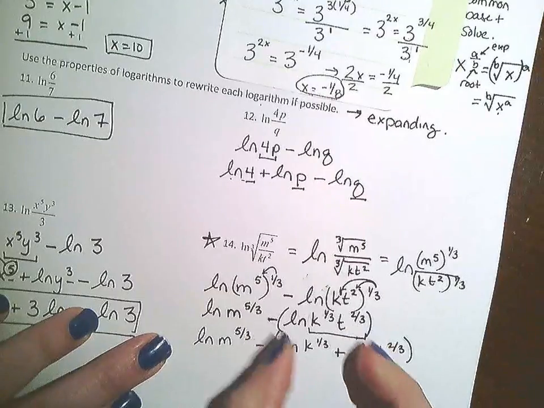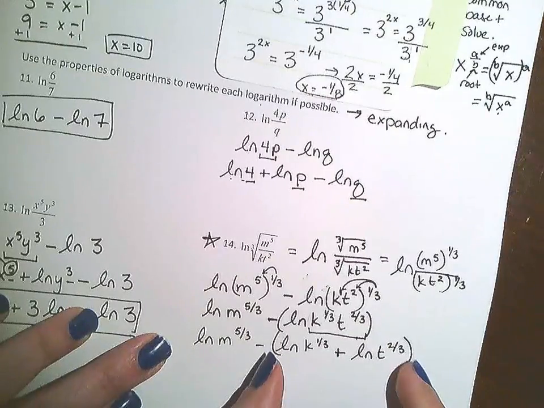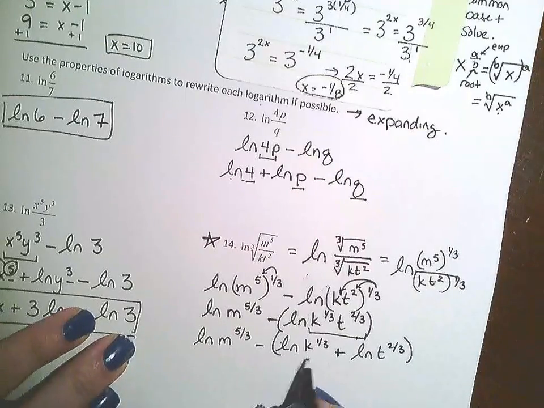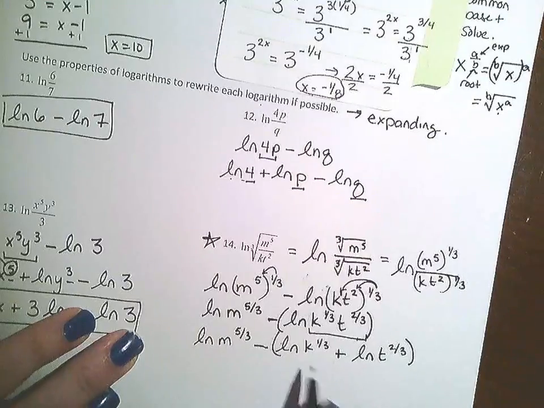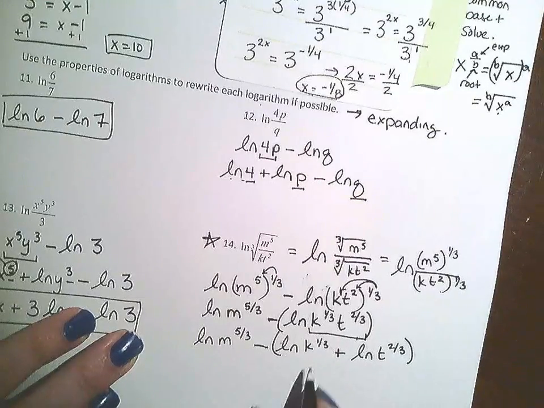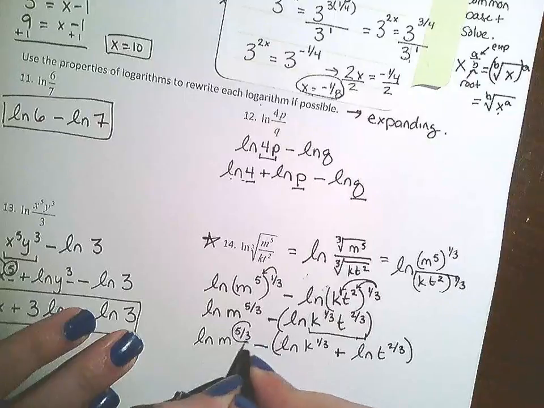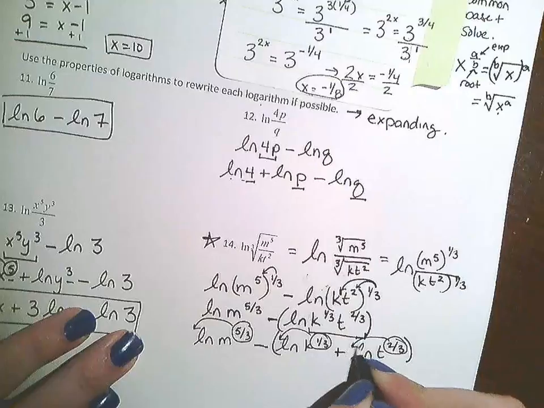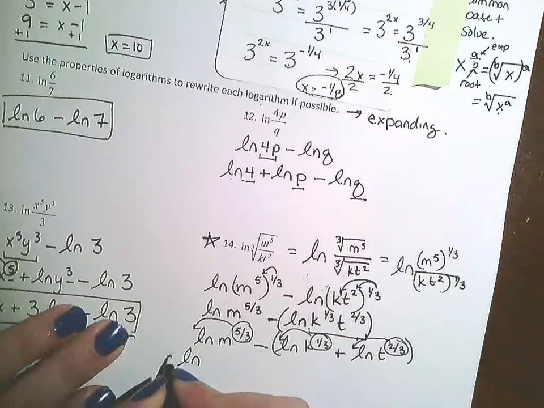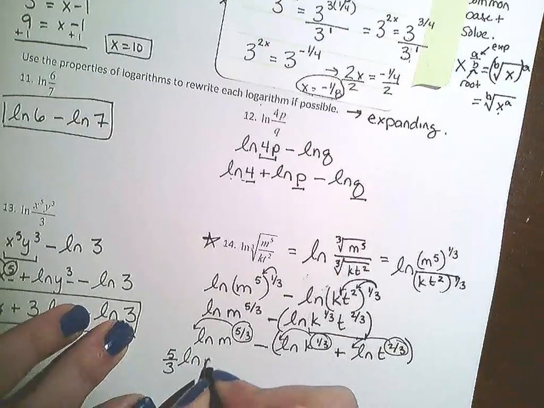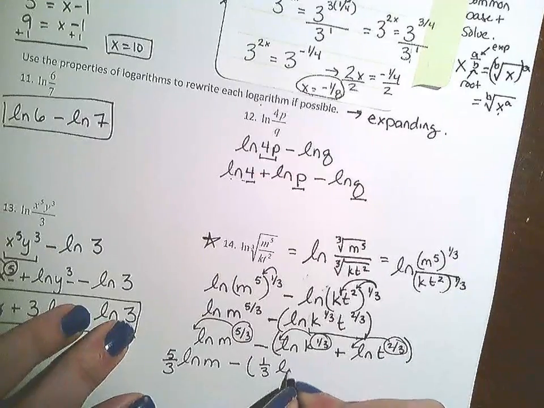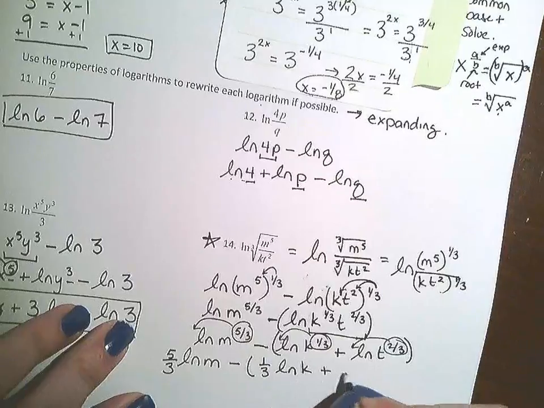So even though I'm breaking it up, that negative still belongs to this whole entire thing. And you'll see what I mean at the end, why it's important. Remember, negatives are those tricks that you have to remember to distribute. All right, now I'm going to apply the power property. So I'm going to bring down all of the powers that I see. So this becomes 5/3 ln of m minus parenthesis 1/3 ln of k plus 2/3 ln of t.